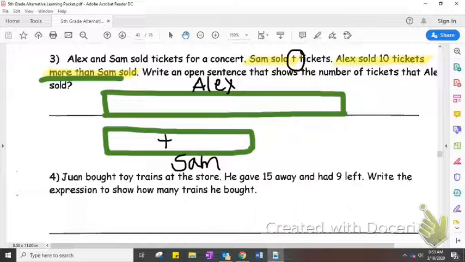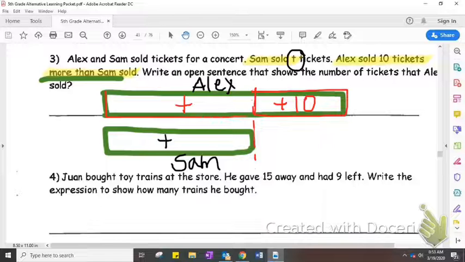All right, the next part of this word problem is Alex sold 10 tickets more than Sam sold. So he sold as much as Sam plus 10. So he sold T, this amount right here, plus 10 more. This part of the bar model right here represents 10.